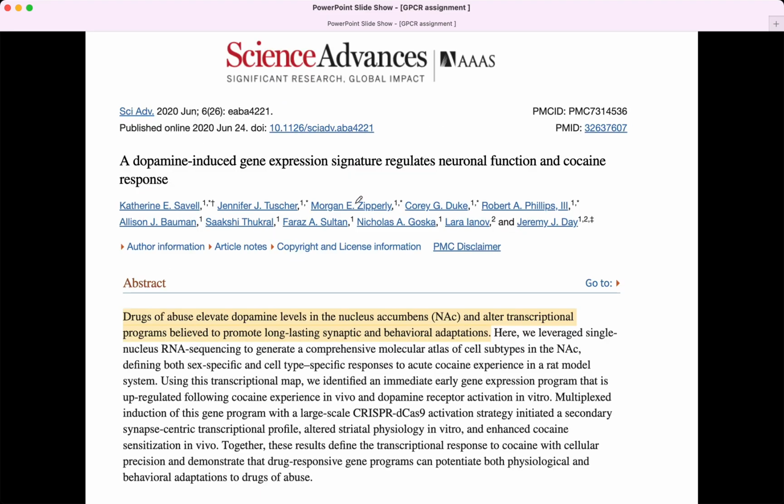That's the genomic response. Here's another example of the genomic response. A dopamine-induced gene expression signature relates neuronal function and cocaine response. Okay, and so this is a big area of research. This would be genomic responses that are involved in drug addiction and other kinds of addictive behavior.